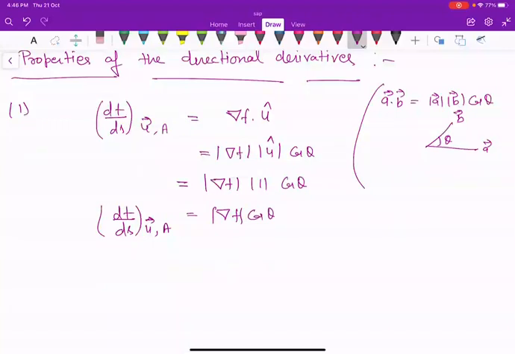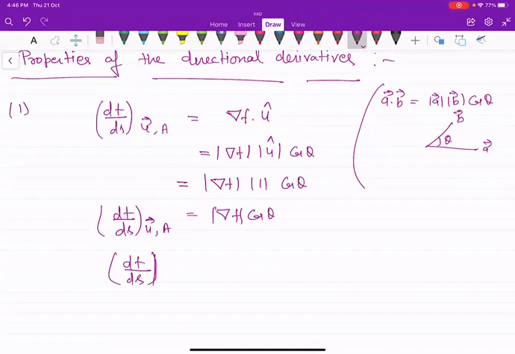So the value of the directional derivative is maximum. From here, what do we conclude, when would this df over ds be maximum? Ma'am, when the angle is 90 degrees. Then it will be 0.